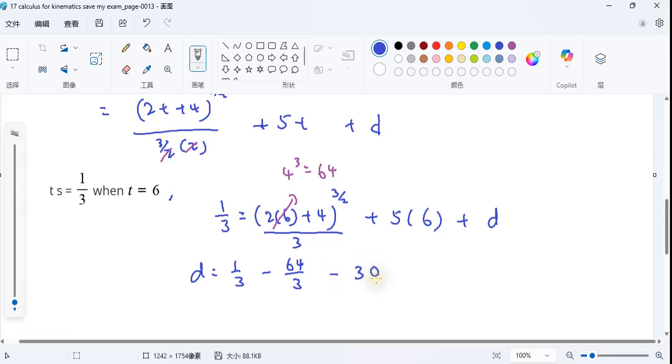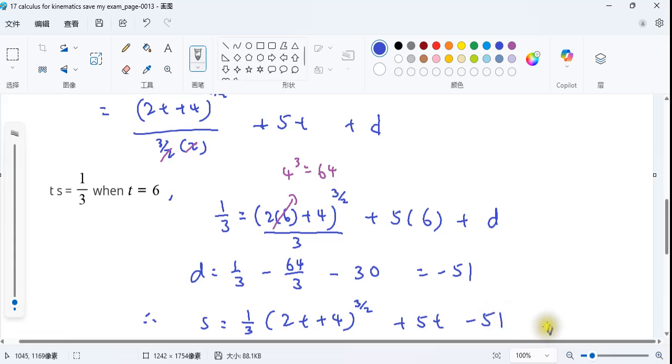So negative 51. So the S is 1/3 2t plus 4 to the power 3 over 2 plus 5t minus 51.